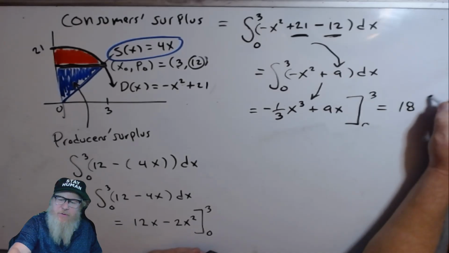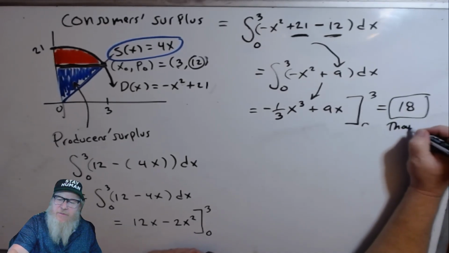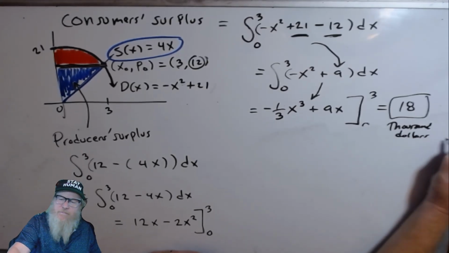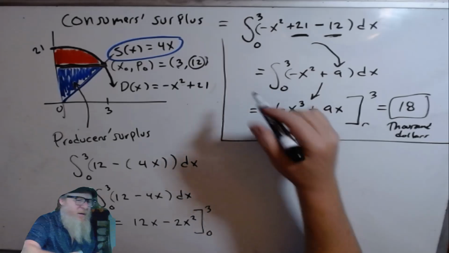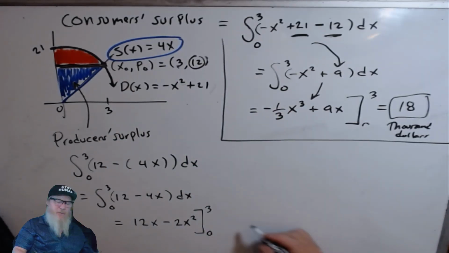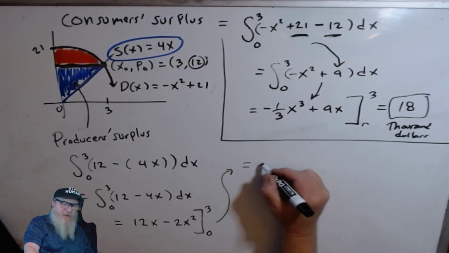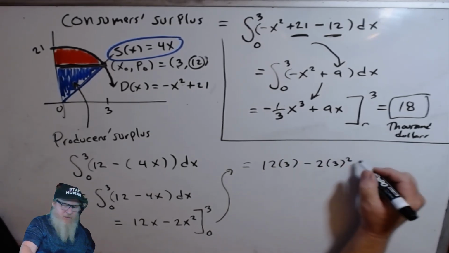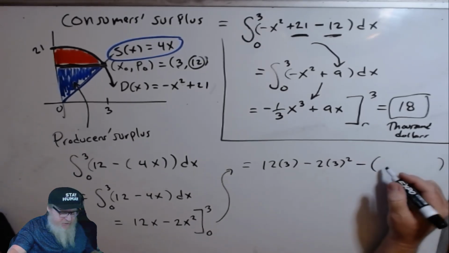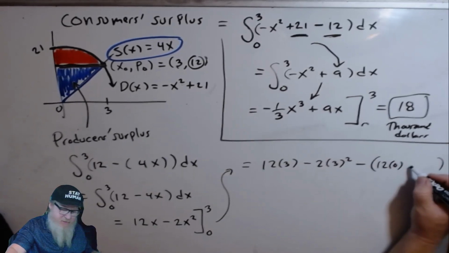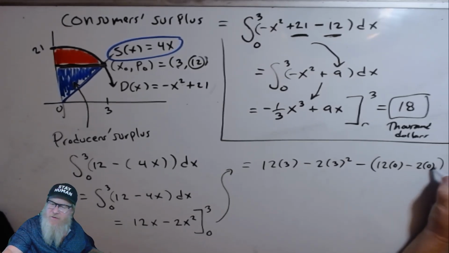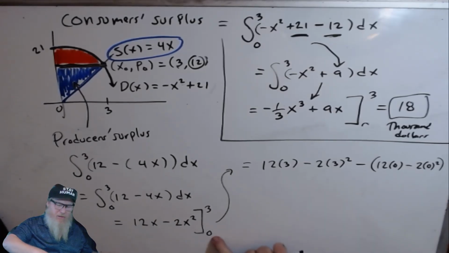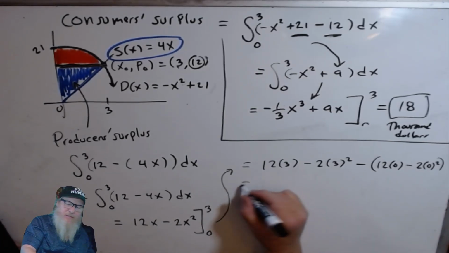I'm just going to put our previous answer up here so we don't forget it. So that's consumer, this is producer. So we've got 12 times 3 minus 2 times 3 squared minus, and again, just for show, go ahead and plug in the 0, the lower limit of integration, but it's going to be 0 anyway.